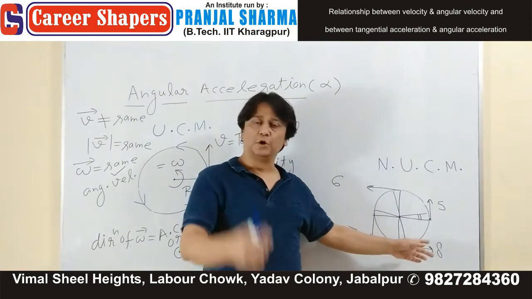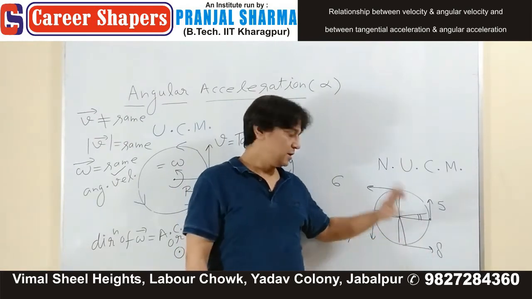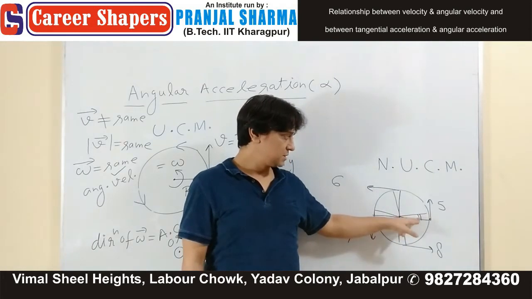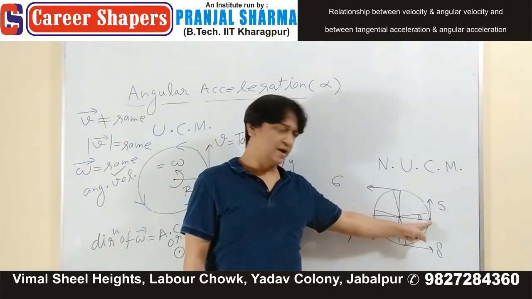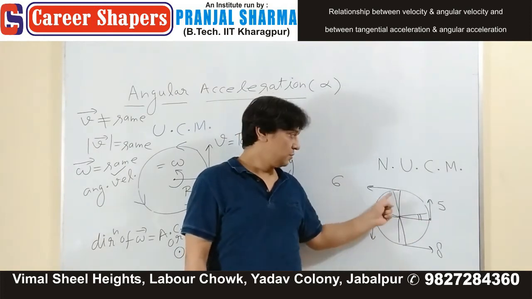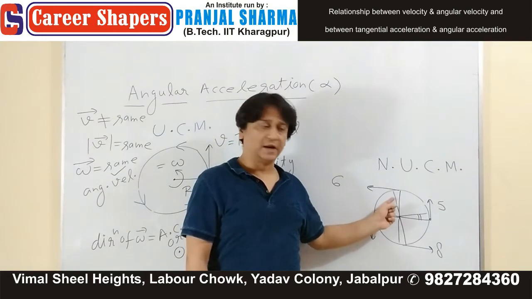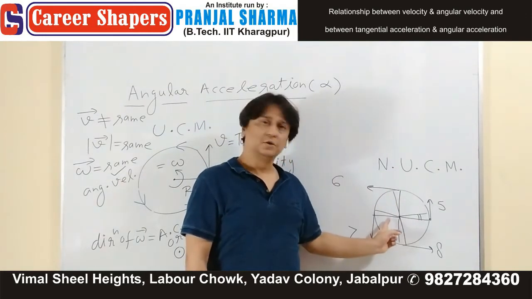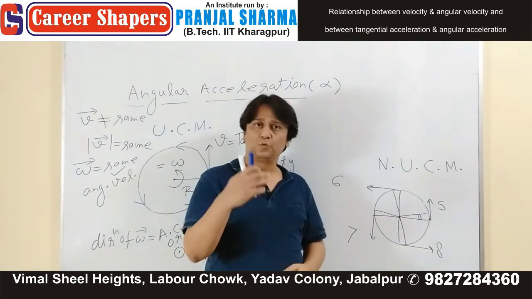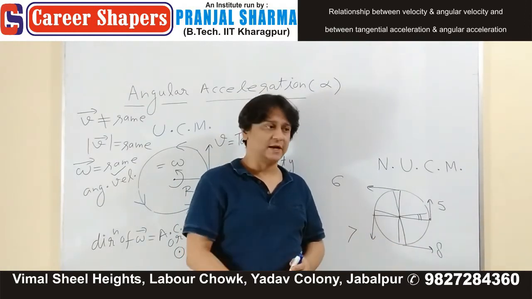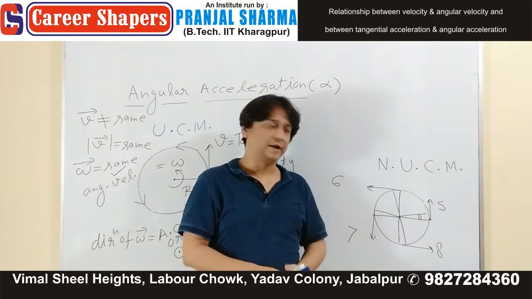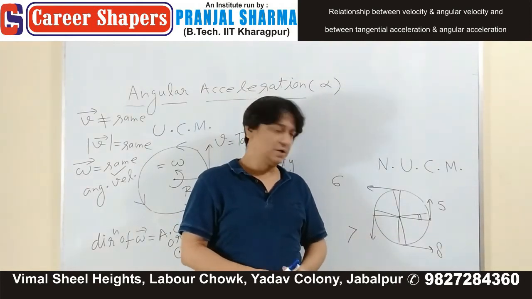So tell me, where will you take less time? If I say that everywhere this angle is same, your speed is 5, you need to cover, let's say, 1 degree angle. Speed is 6, you need to cover 1 degree angle. Speed is 7, you need to cover 1 degree angle. 8, at which place you will take less time? Write down in the comment box. Simple question, simple understanding of physics.